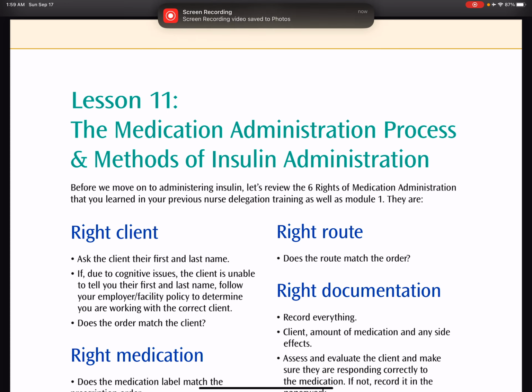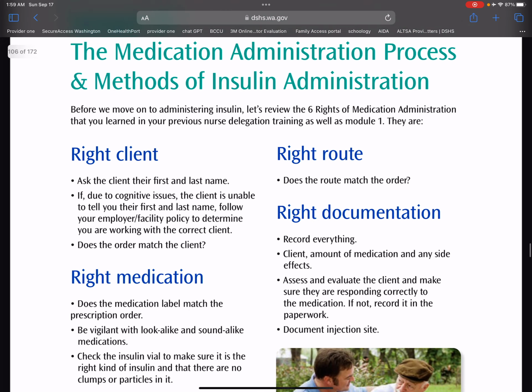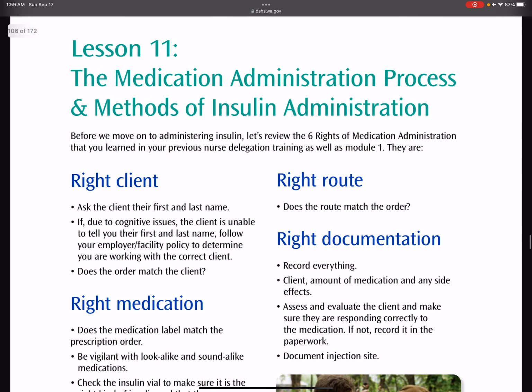This chapter, lesson 11, is the medication administration process and methods of insulin administration. Before we do anything, the book wants us to remember the 6 rights of medication administration. The first one is right client. We make sure of the right client by asking the client their first and last name.